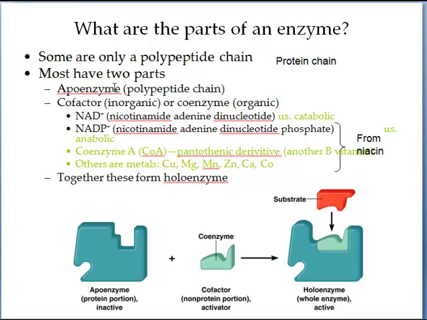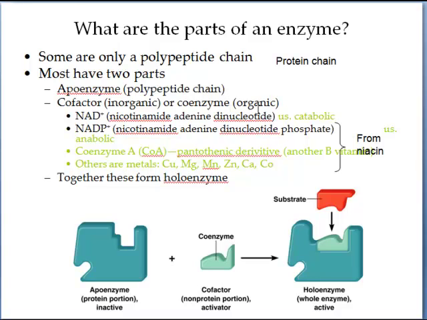The apoenzyme is the polypeptide chain of the enzyme, and then it will have two parts beside that, and one is called a cofactor or a coenzyme. Now, cofactor refers to an inorganic molecule, and coenzyme is an organic molecule.